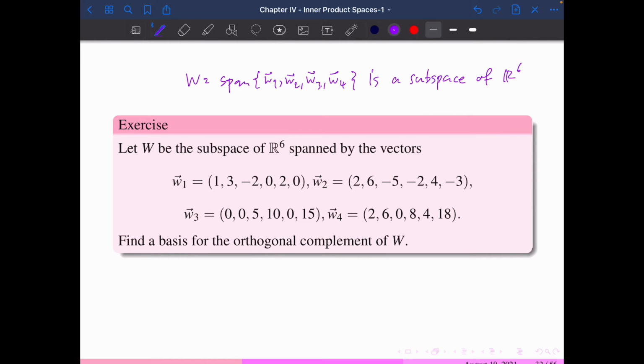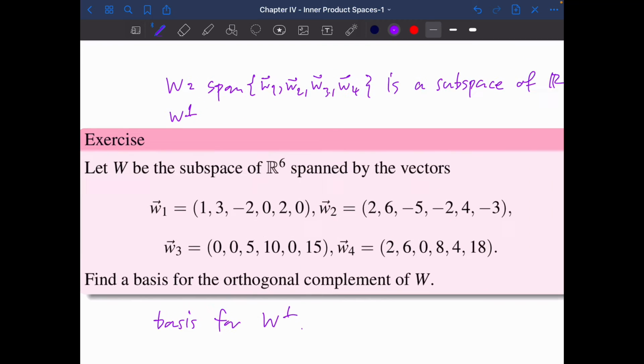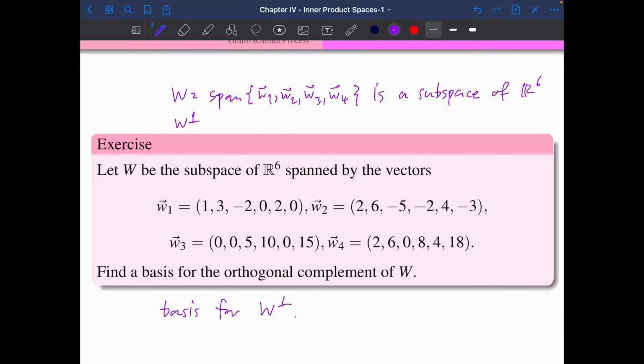The question is, we need to find a basis for W perp. So first, we need to find what the set W perp, the orthogonal complement of W, is. And how to find it?